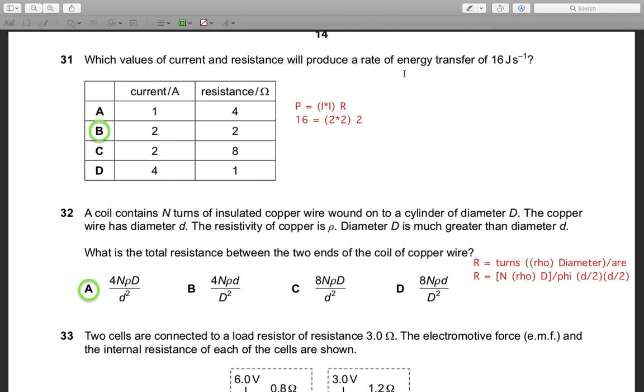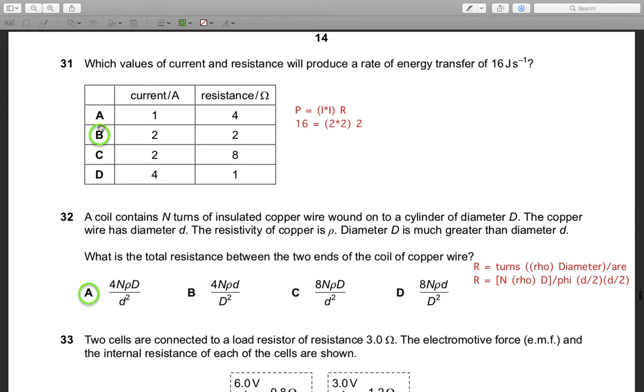Rate of energy transfer is 16. Oh my god, there is no answer, because 2 times 2 times 2 equals 8. Okay, there is no answer. We will see it again later in my video.